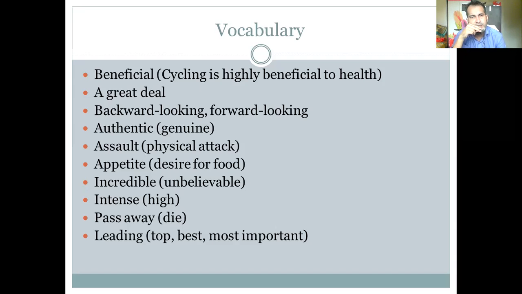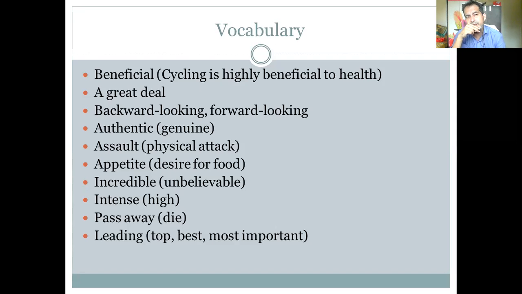That is called appetite. Another word, incredible. Incredible means unbelievable. For example, if a weak student gets 100 out of 100 in an exam, and you know that he's very much weak, and that it is very tough for him to get 40 or 50 in that exam, then that performance is really incredible.